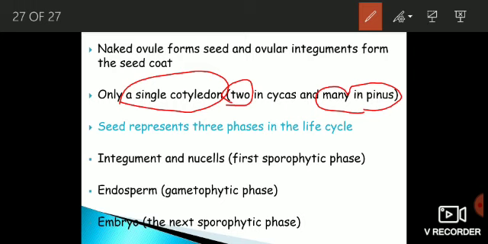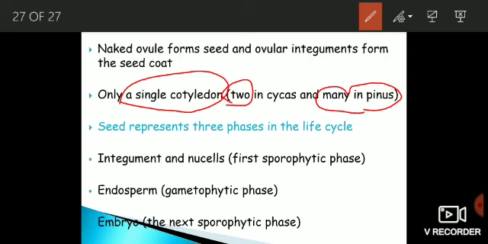Remember this. In the majority of gymnosperms, the embryo present inside the ovule contains only a single cotyledon. Cotyledon means integumentary leaf, or you can say the primary leaf. In cycas, however, you have two cotyledons, and in pinus you have many cotyledons.